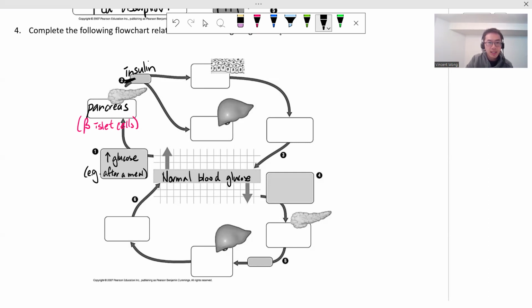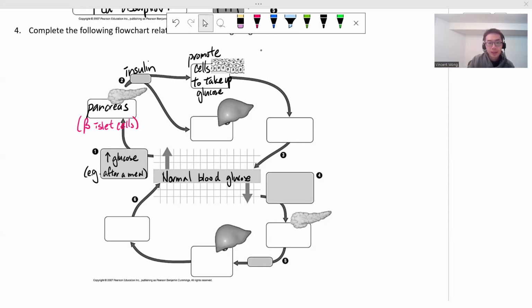When there is an increase in glucose, you need insulin. So insulin is going to help trigger and stimulate cells to take up blood glucose. Take the glucose into the cell, use it for cellular respiration.